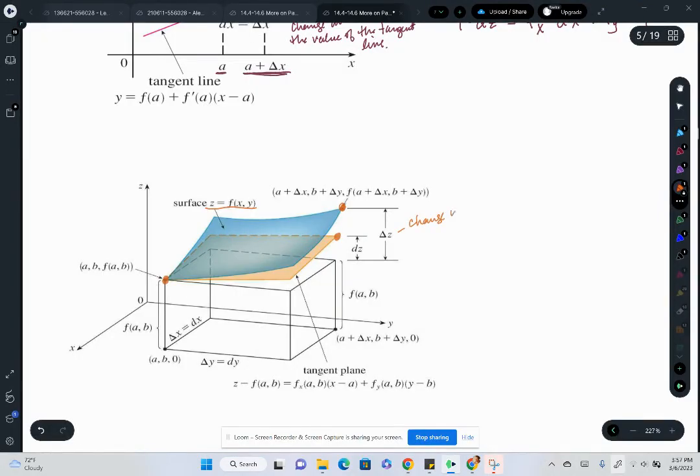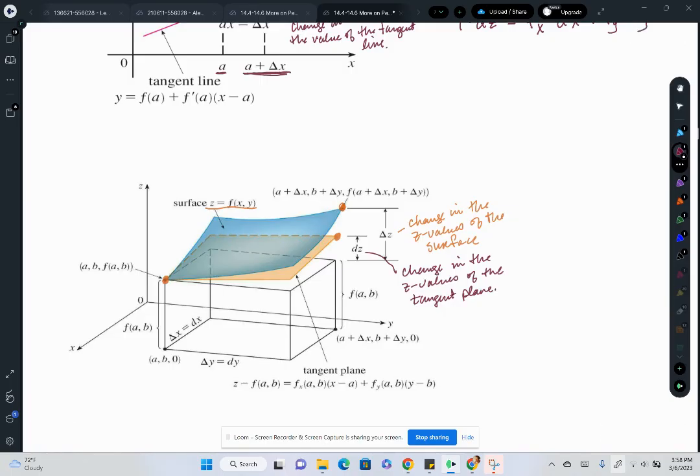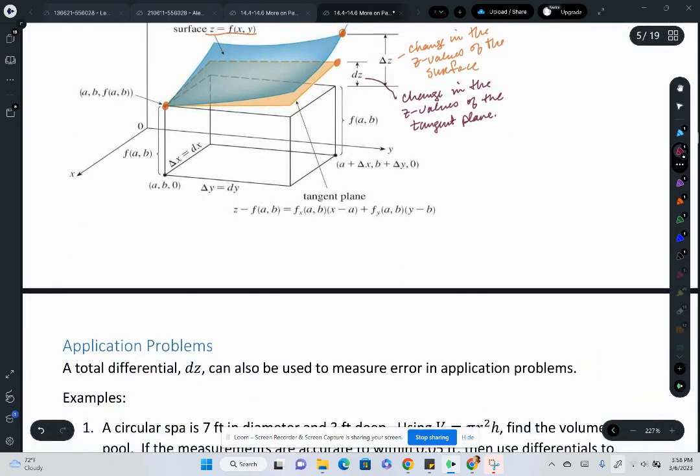So this is the change in the z values of the surface, whereas dz is the change in the z values of the tangent plane.